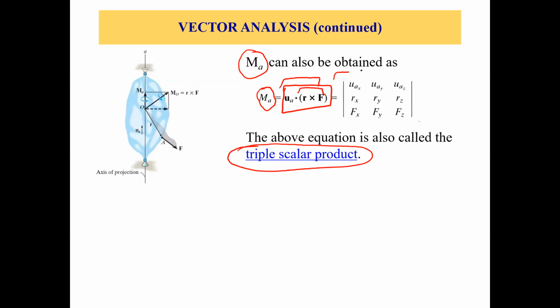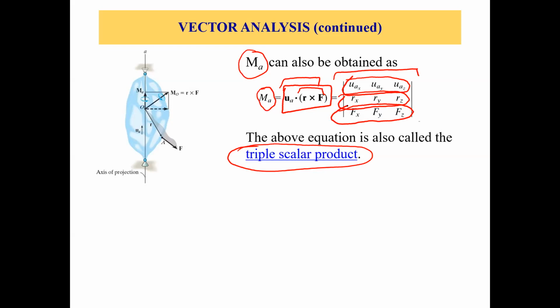So we do this, again, a 3 by 3 determinant. First row is the unit vector along the a-axis: UAX, UAY, UAZ. Second row is your position vector: RX, RY, RZ. Third row is your force vector: Fx, Fy, Fz. Now this is the triple scalar product.